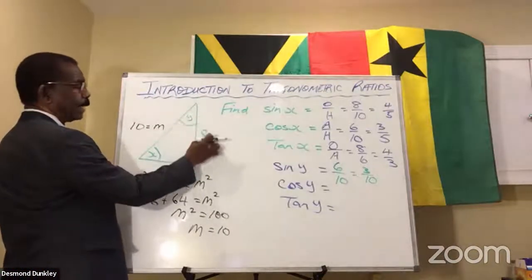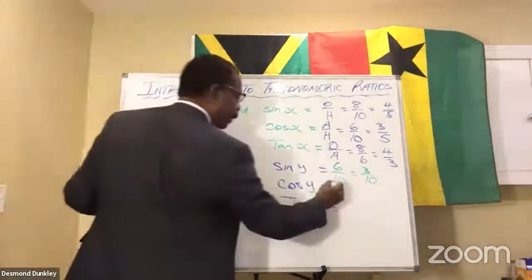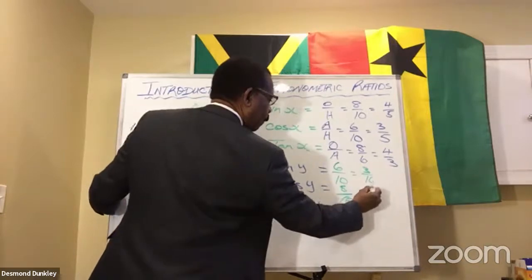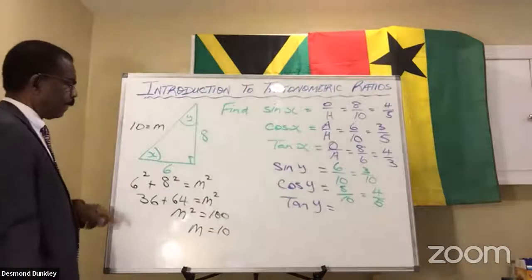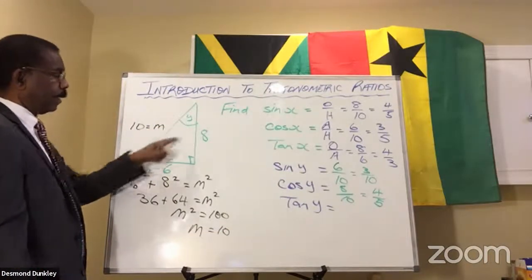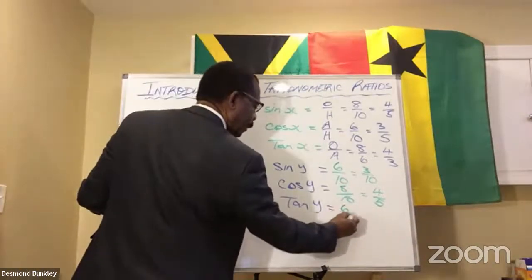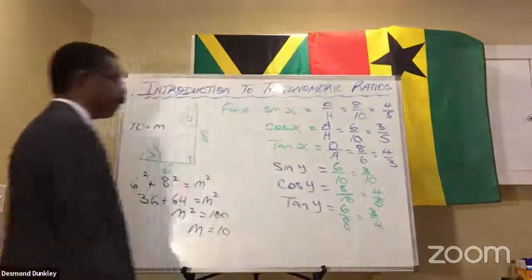Cosine of Y is adjacent over hypotenuse. So it's 8 over 10 equal to 4 over 5. And finally, tan of Y is opposite over adjacent. So it's 6 over 8, which is equal to 3 over 4.